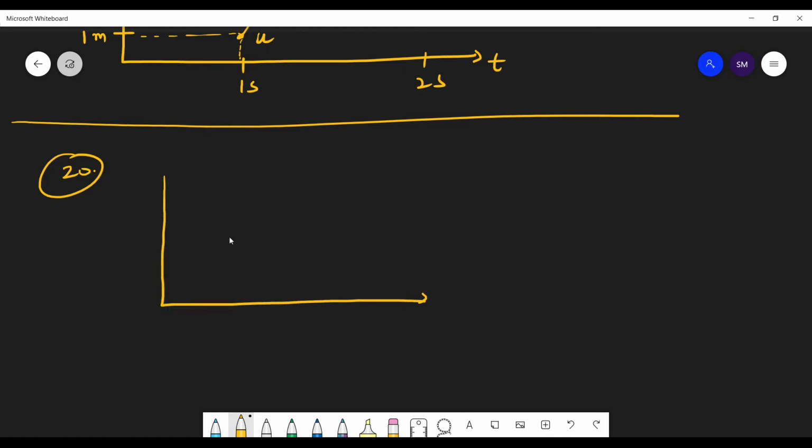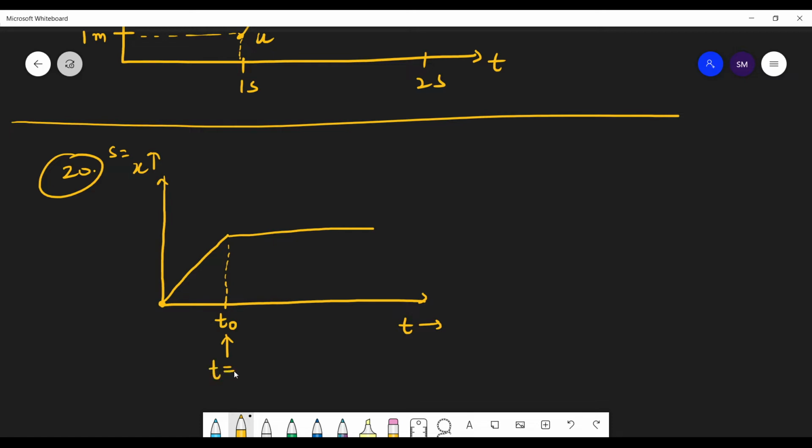See this question number 20 in the book. Time is given on the x-axis and displacement on the y-axis. As I told you, s can be equal to x if the object starts from the origin. So at t equals 0, the object is at 0. That's the graph that we have. And see students, we have one particular thing here, and that is t naught. What is this t naught?